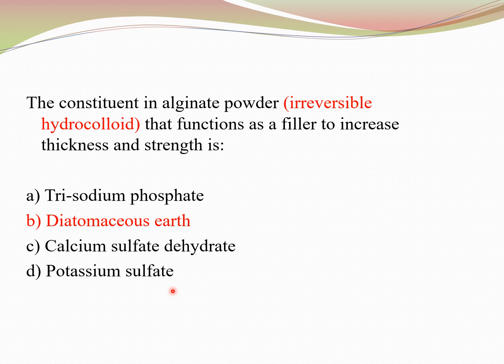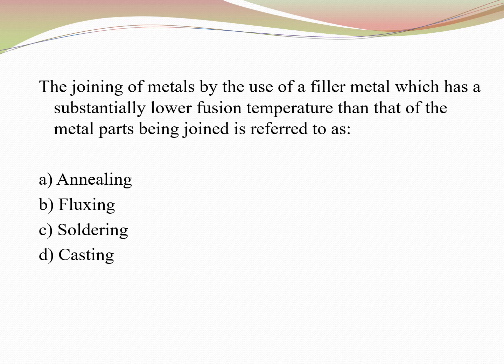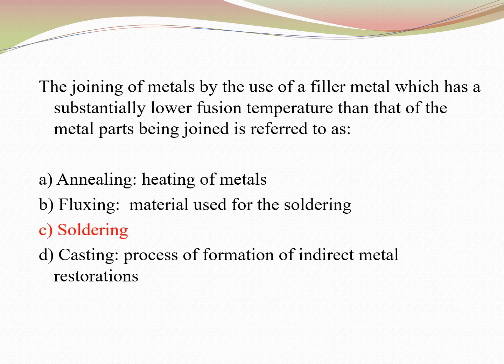There is the joining of metals by the use of a filler metal material with a substantially lower fusion temperature. Again, this was more of a sample board question from one of the board books. I'm going to go straight into the answer on this one, and it is called soldering.